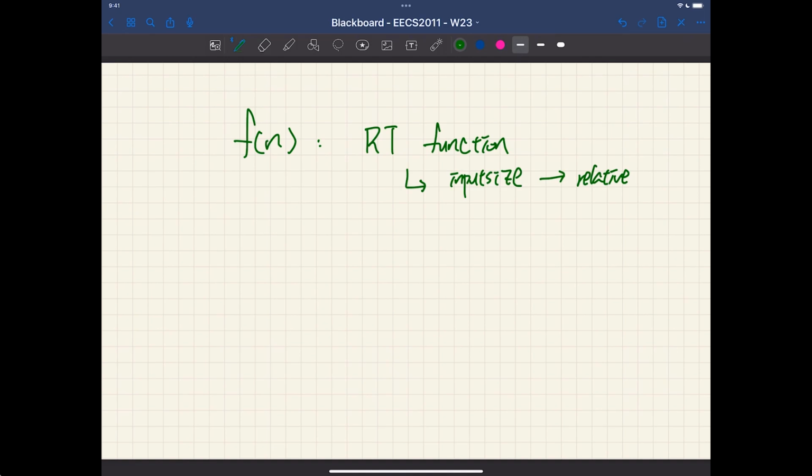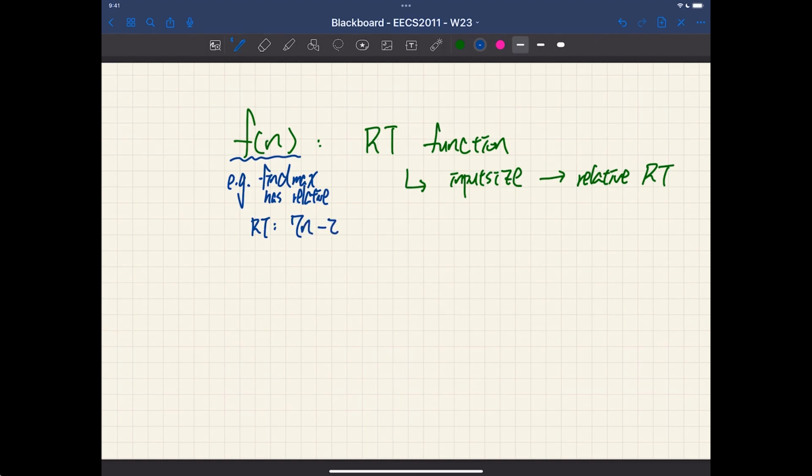Yes, that's right. Relative running time. For example, the find max algorithm has relative running time 7n minus 2. Good. That's about f of n.